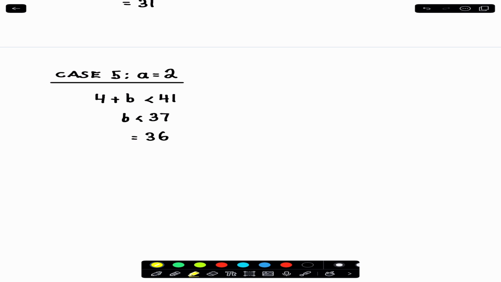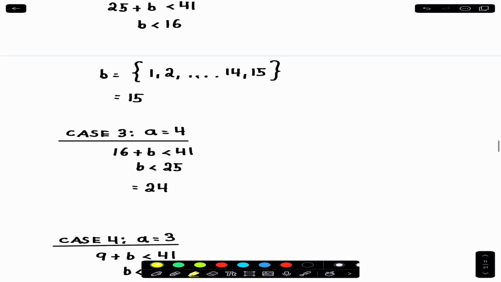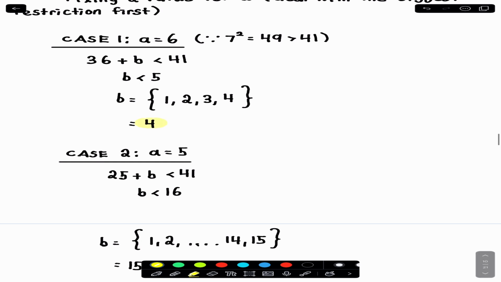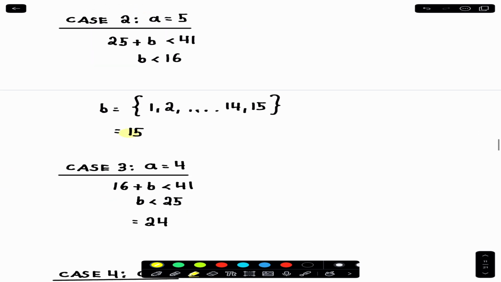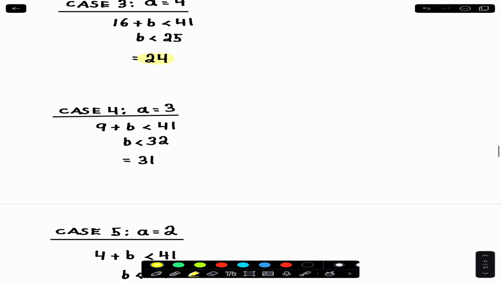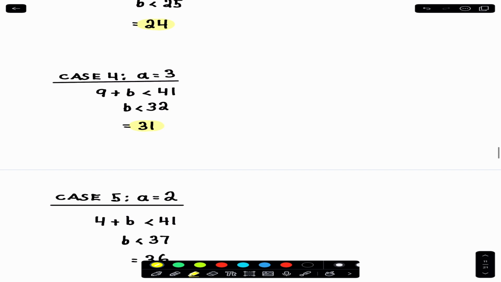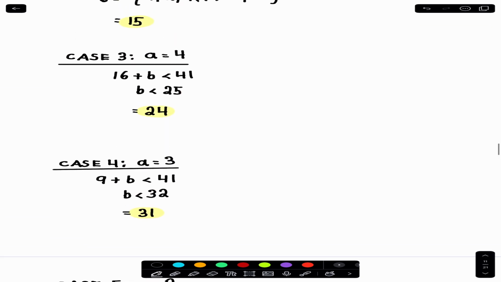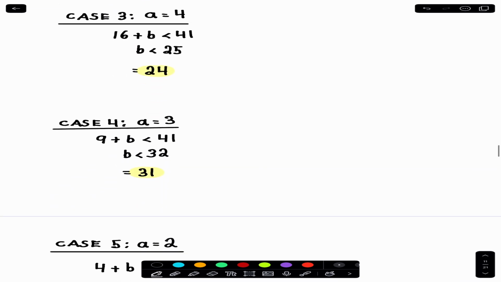Now because this problem has so many cases and we don't want to miss anything, I'm just going to highlight these. So this is not the final answer, but this is something that we have to include in our final answer so that we don't miss anything. Okay? Because we have to go back and, you guessed it, add all of these up.